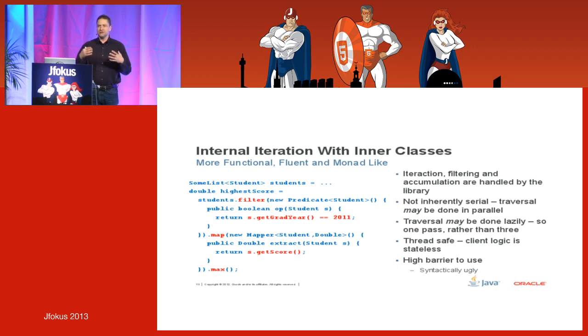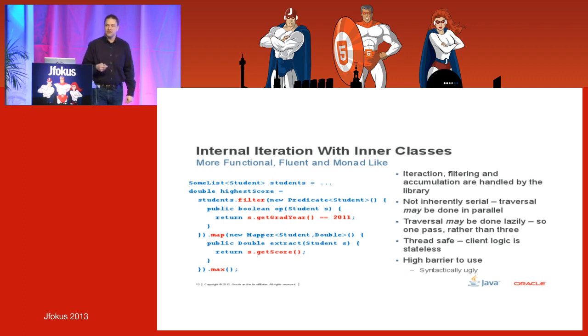Predicate is in effect the condition that we want to satisfy to return the subset of the data that satisfies that condition. So in this case, we create an inner class which has a method called op, takes a student S as a parameter, and returns whether the graduation year was 2011. So that's a Boolean. We pass the result of the data that's been passed through that method to the map method.